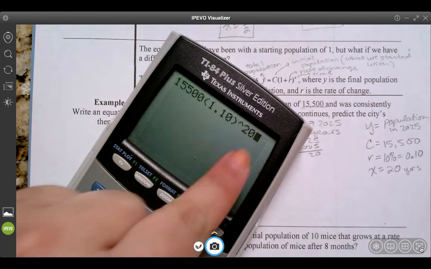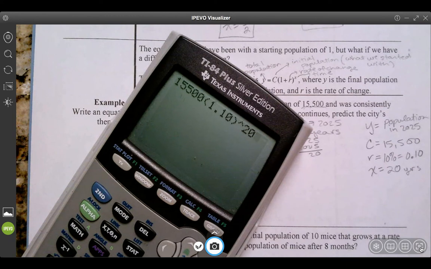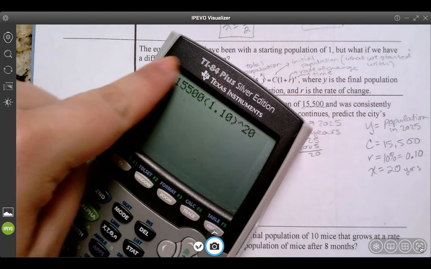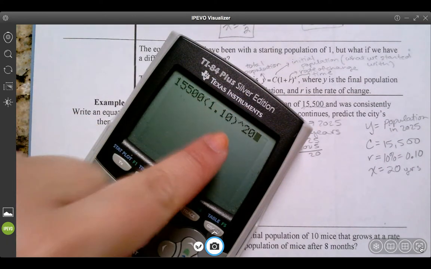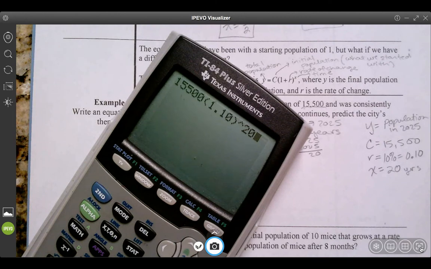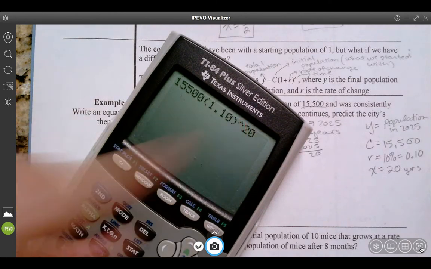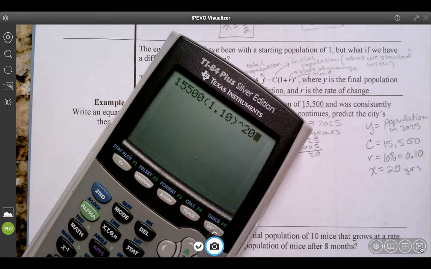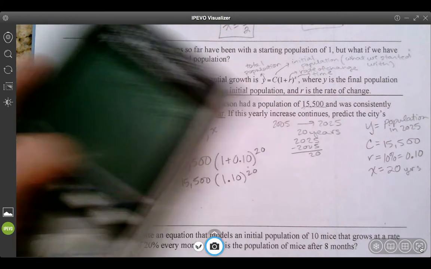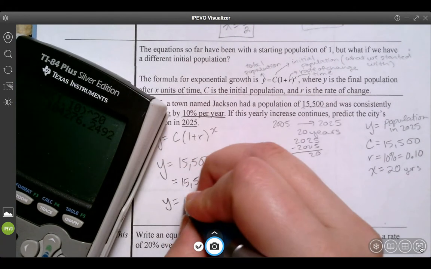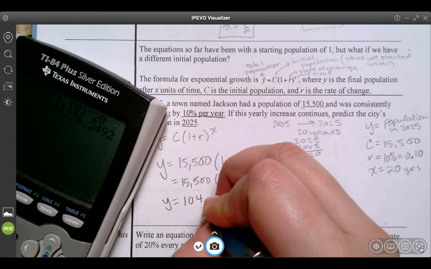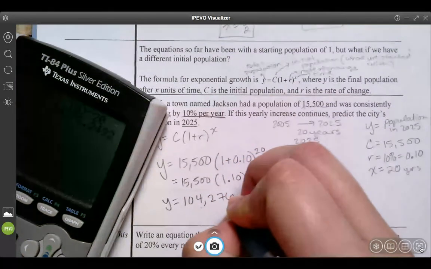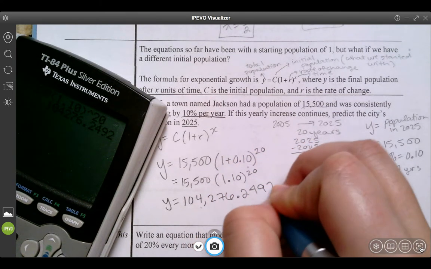Now it's important that it's only the 1.10 that's raised to the 20th power. You do not want to group together the 15,500 with the 1.10. Order of operations says we have to take care of that exponent first. We cannot multiply these together first. And so we end up with y equals 104,276.2492.